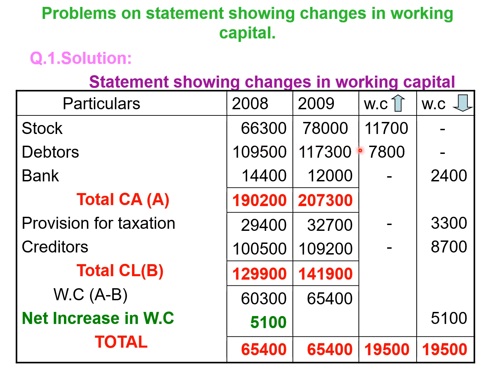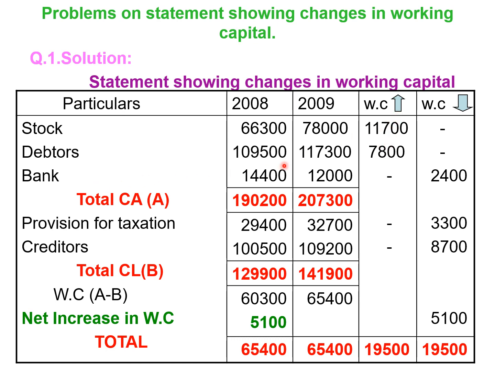There is an increase in stock of 11,700. How do you get 11,700? 78,000 minus 66,300. So the increase in stock is 11,700. Stock is a current asset. If current assets increase, working capital will increase.